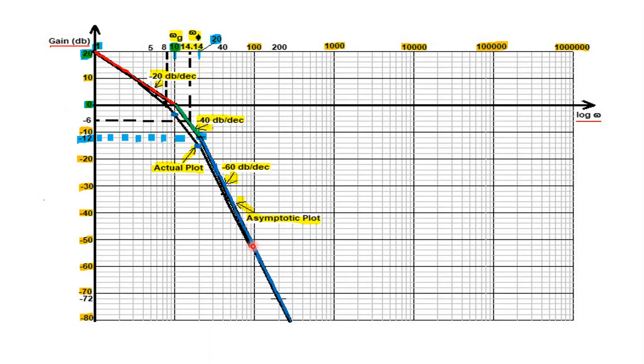If we calculate, we will understand that at 100 the magnitude will be more negative. To accommodate that, we can start like this: 20, 10, 0, minus 10, minus 20, minus 30. Suppose we have taken 20, 0, minus 20, minus 40, minus 60, and so on.